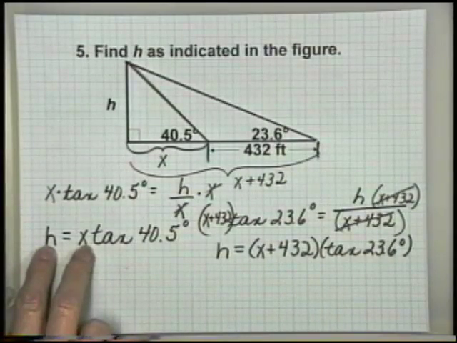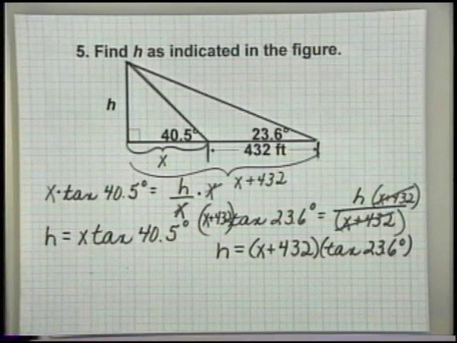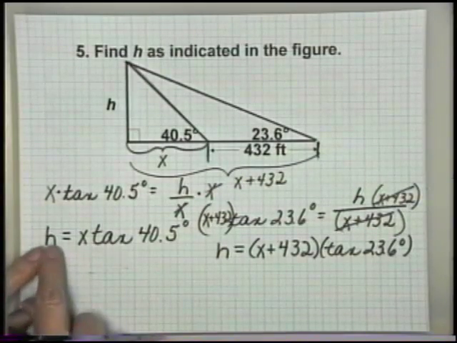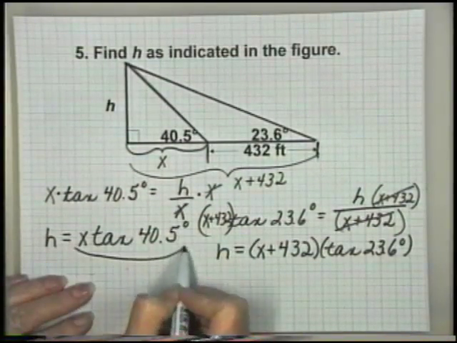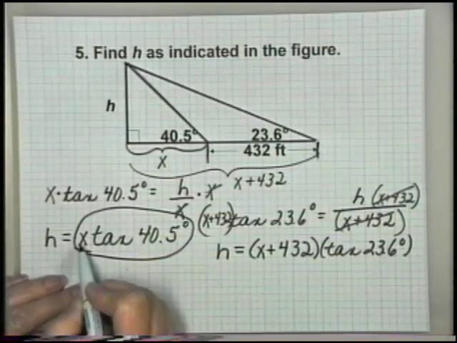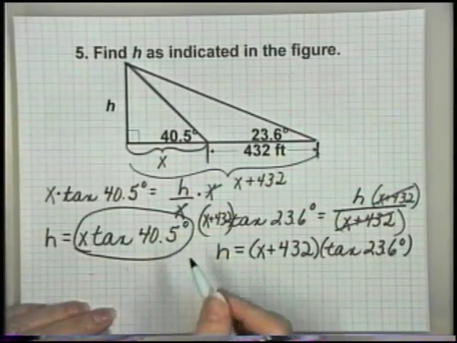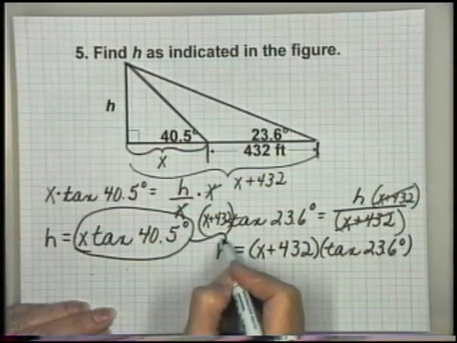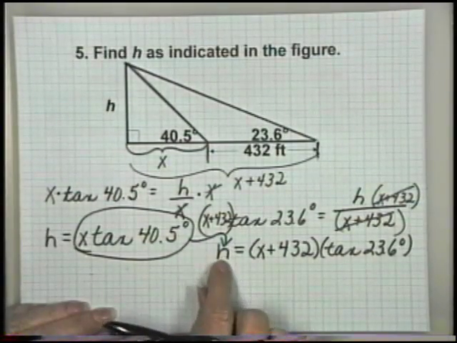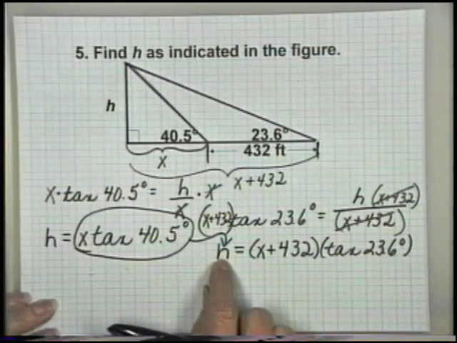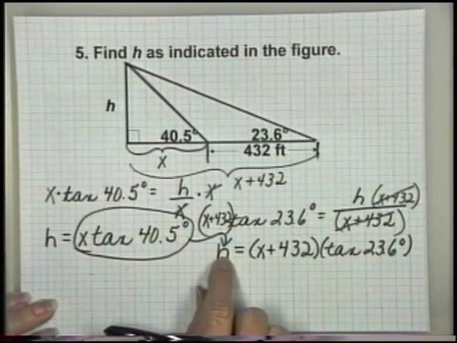Now I have two equations with my two variables h and x, and it's called a system of equations. Do you remember from algebra how to solve a system of equations? Well, one way is to use substitution. Since h is equal to this, I can take this x times the tangent of 40.5 degrees and substitute it in for the h on the left side of this equation.